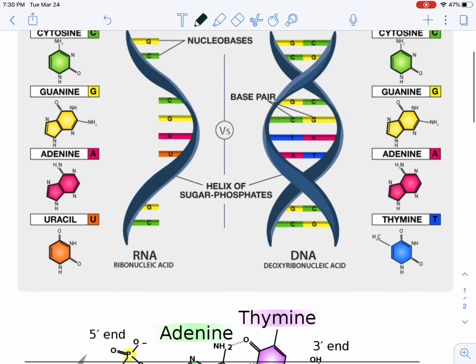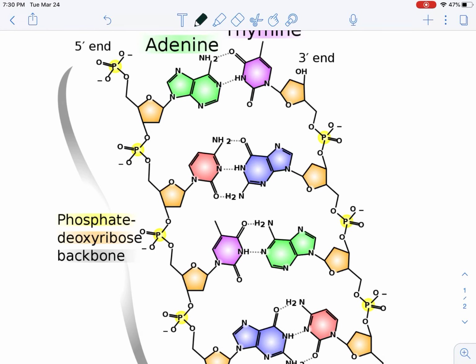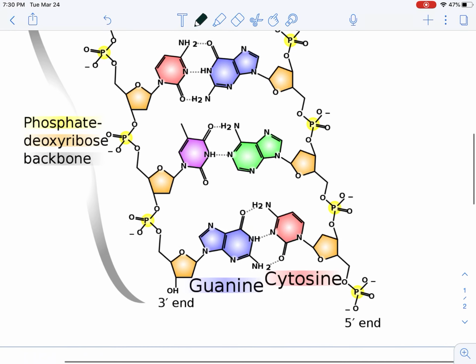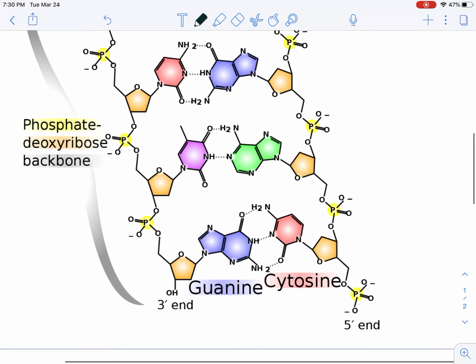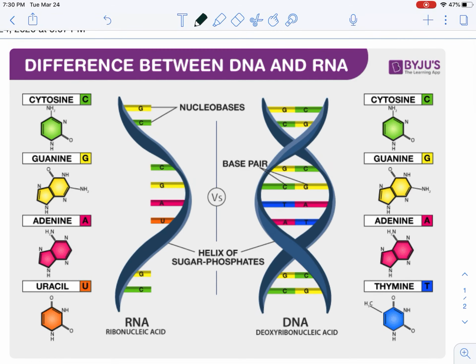Okay, so to look at this in terms of a slightly more complex structure, you can actually see that thymine, adenine, cytosine, and guanine are more complicated than they are shown up here. This is a more simplified version where each nitrogenous base, we call these, is simplified into these bars here.